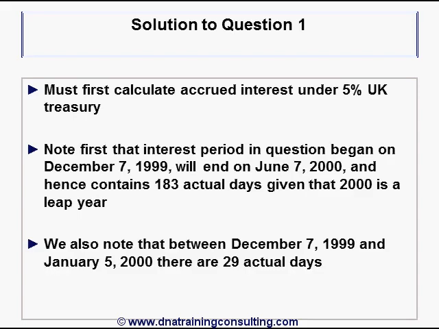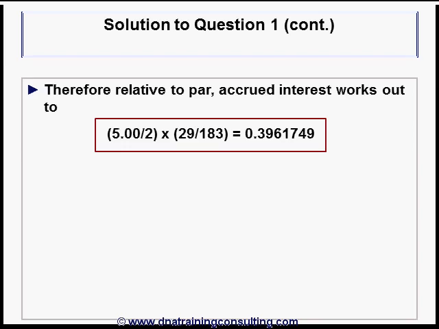We also note that between December 7, 1999 and January 5, 2000, there are 29 actual days. Therefore, relative to par, the accrued interest works out to this quantity here, or 0.3961749.